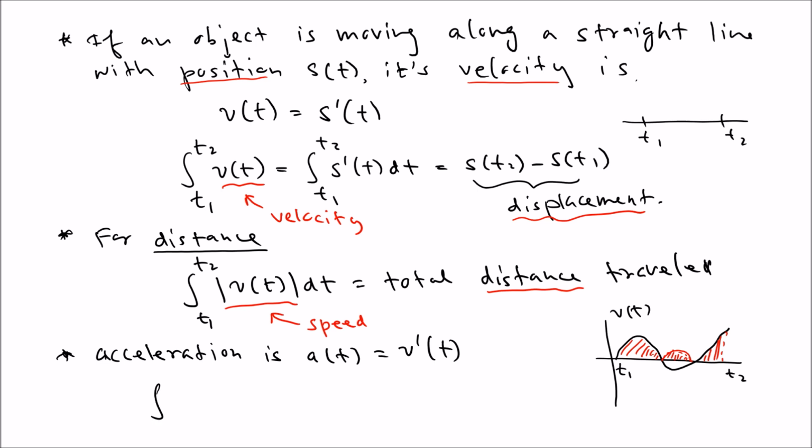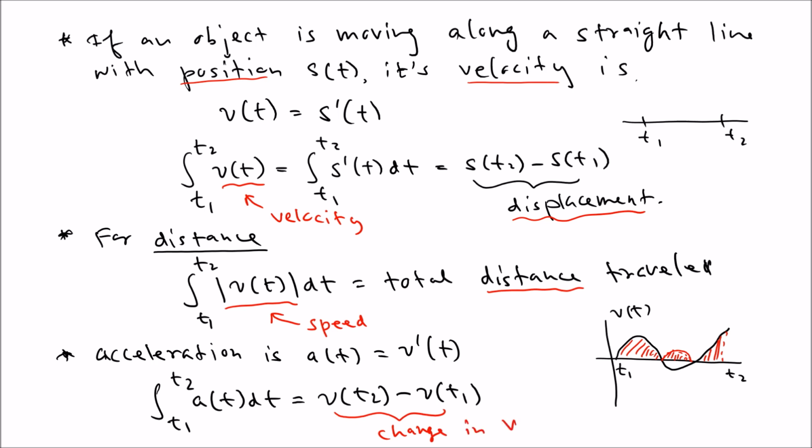So if we integrate the acceleration from t1 to t2, since this is the derivative of the velocity, what you get is the change in the velocity. So this is one nice application of that. Let's just do one example to make sure that we understand how to do the problem.